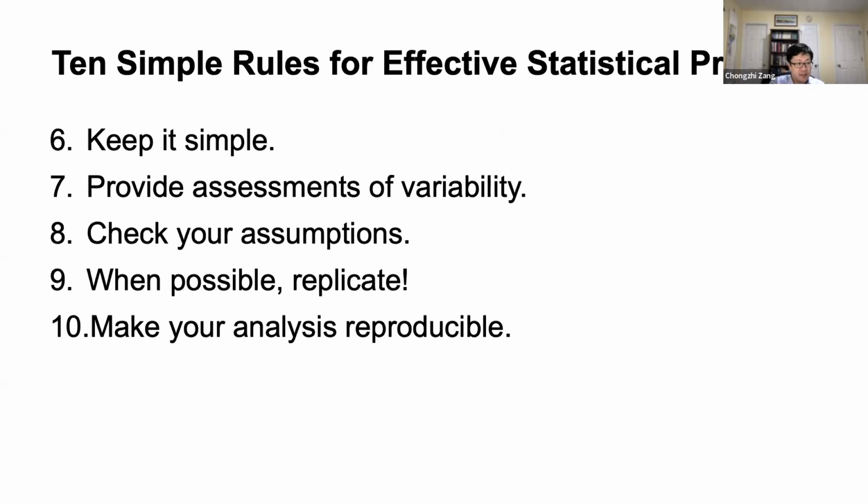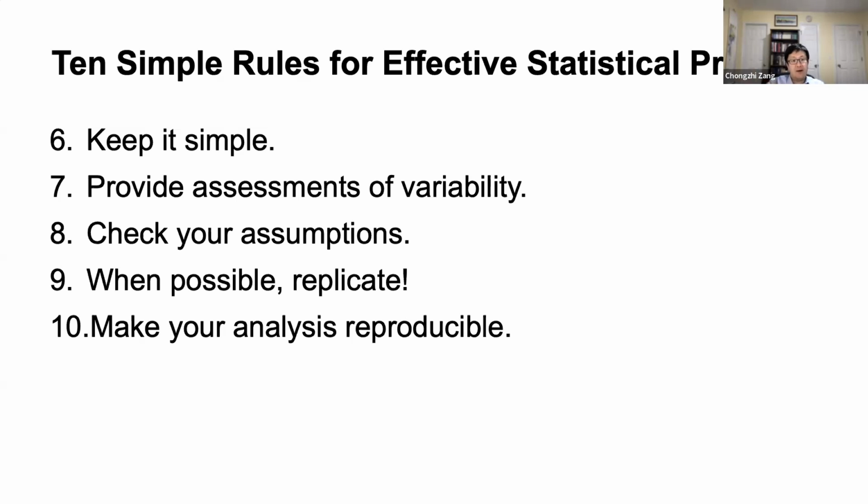Once we are clear about the concept, a simple approach is always better than a complex approach. Number seven, provide assessment of variability. It's also another point of statistical thinking. All the numbers come with variances, so consider the variability from the data.